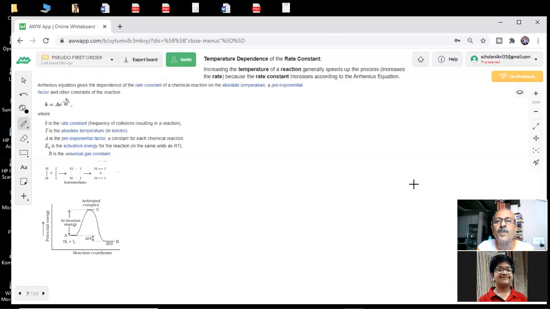The important point here is that the reaction rate will increase if you increase the temperature. How much it will increase? An experiment has to be done to find that value, what we call the temperature quotient. You have to find it experimentally, and the value comes between 2 and 3. That means the rate will increase by a factor of 2 to 3. Most of the time we say two times.